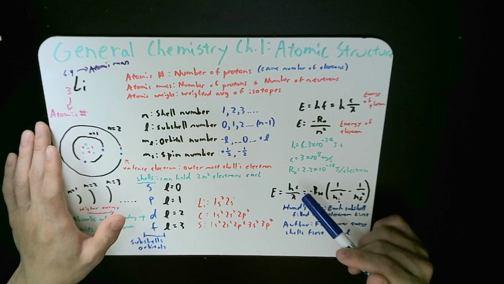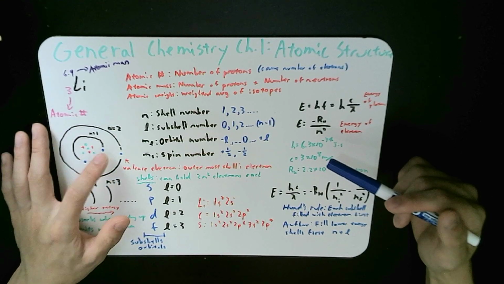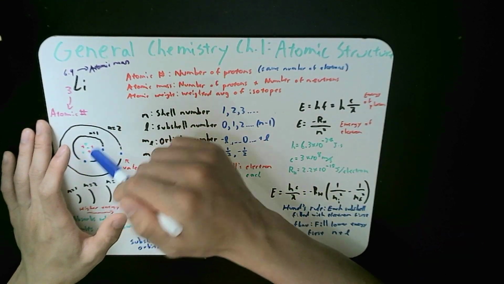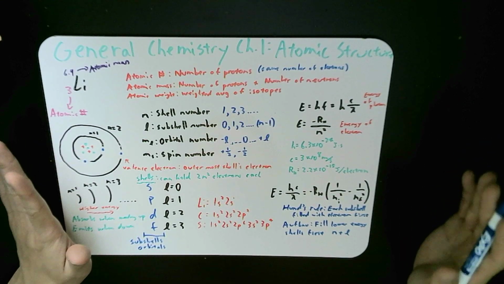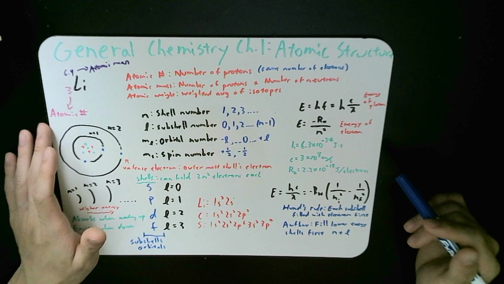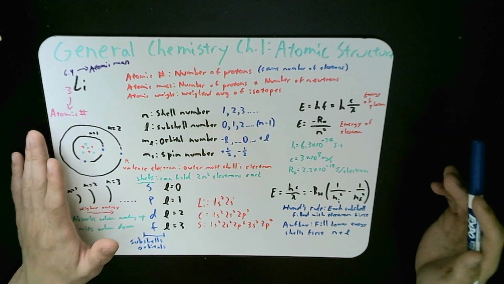Smaller wavelength equals larger frequency. That means everything that jumps from the n equals 1 shell will have high frequency, and we can say that's in the UV light range. This is what's called the Lyman series.